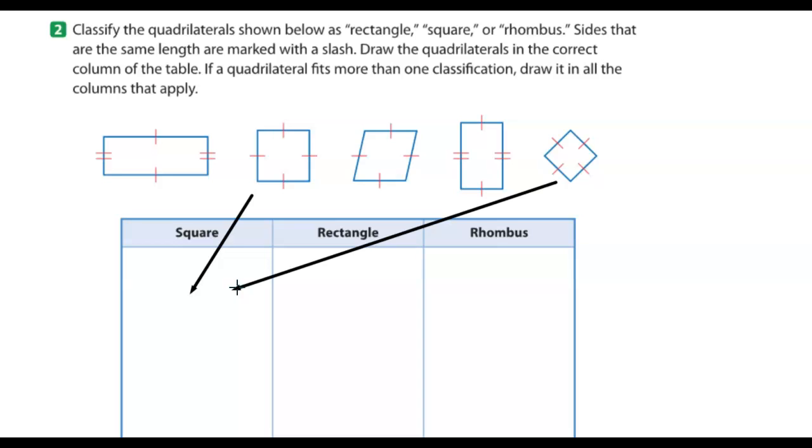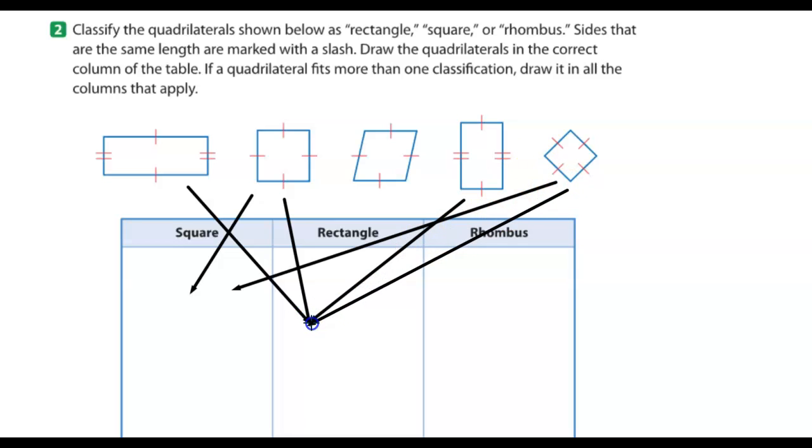All right, so then our next one of being a rectangle, we have this one. We have this one. We have this one. And this one. So let me get rid of those 2 just so that you can see a little better.